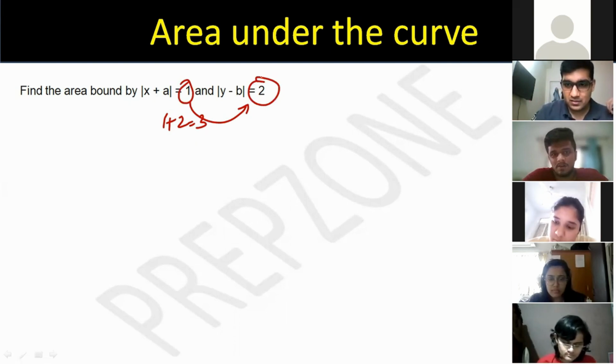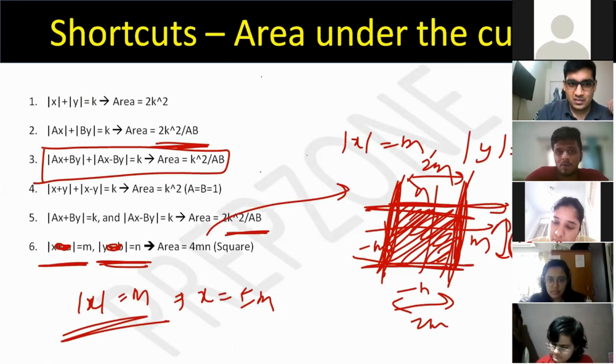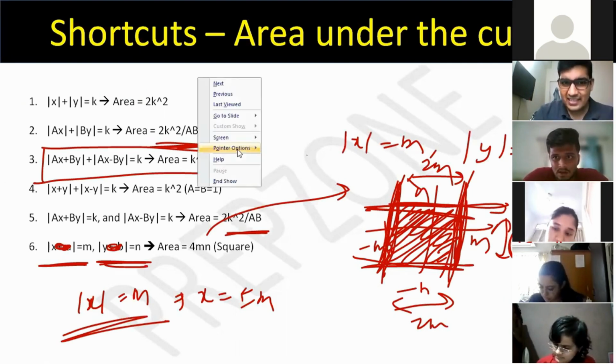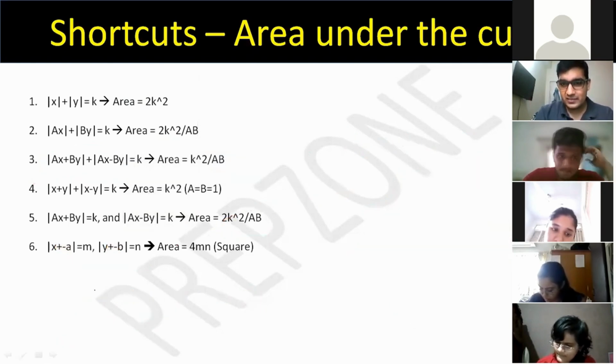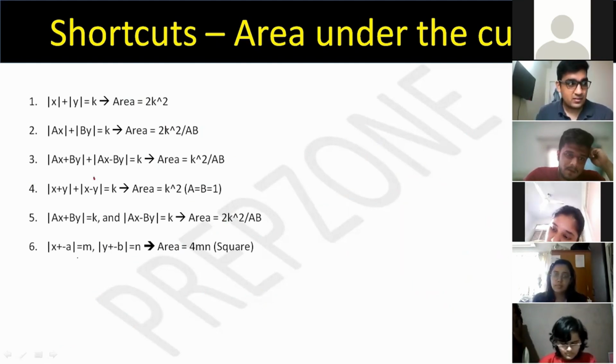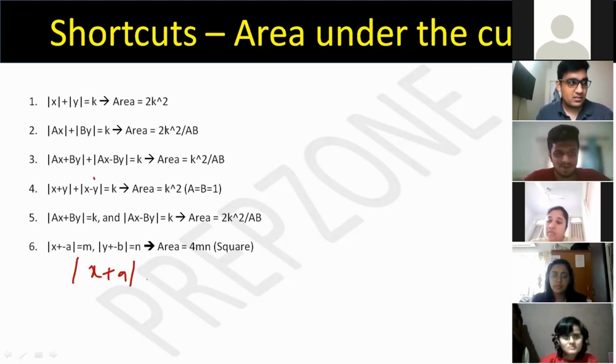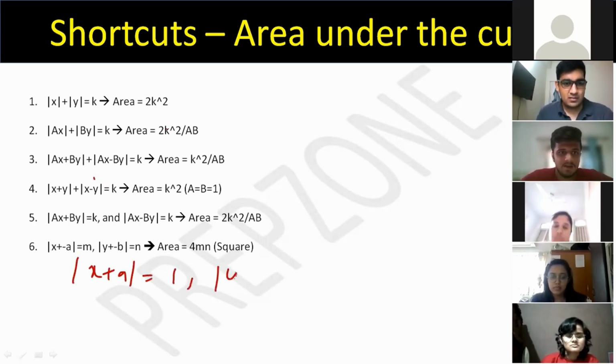Sir, the addition of both of them is required. So who said it is addition? What do you mean by bounded? Which form is it? Come on, Yash. The second form, sir. I lost the question maybe. Yeah.